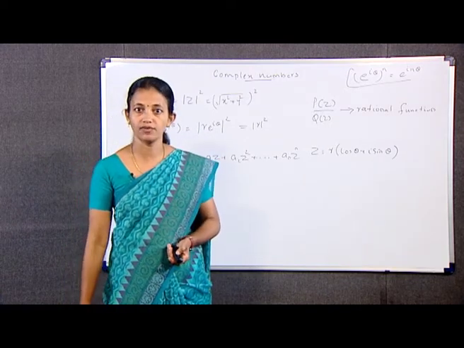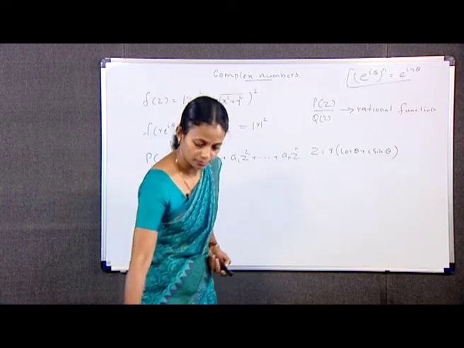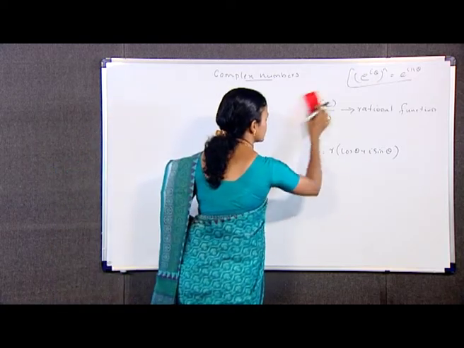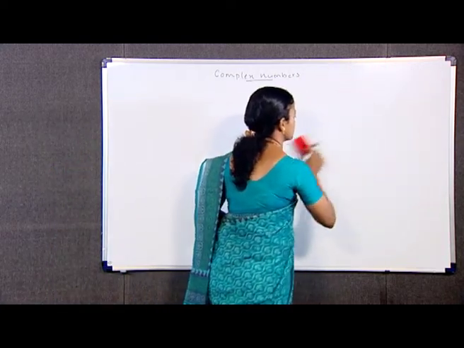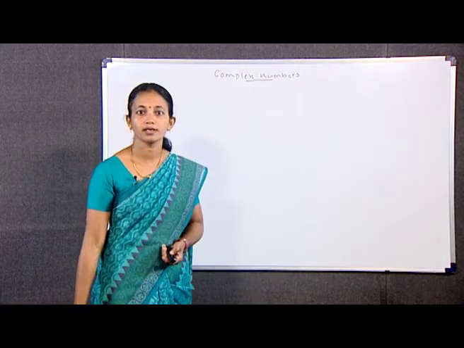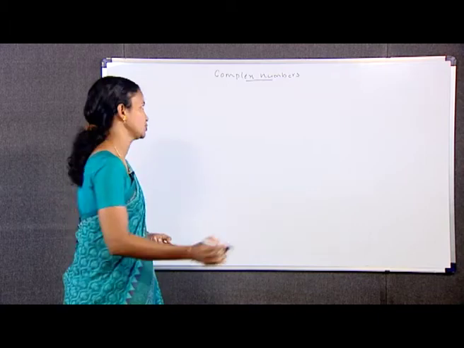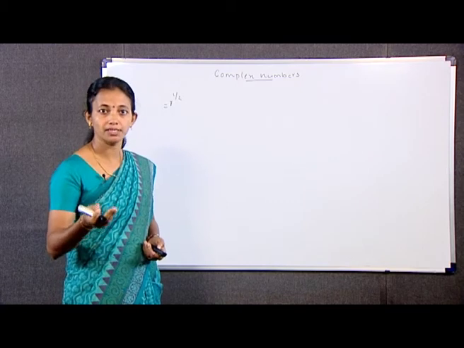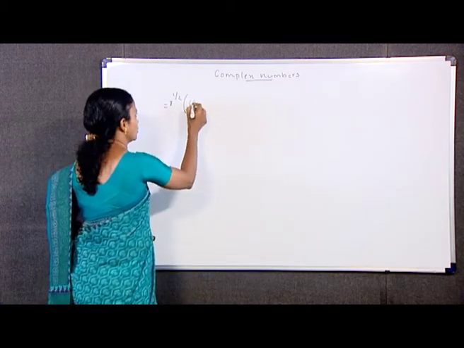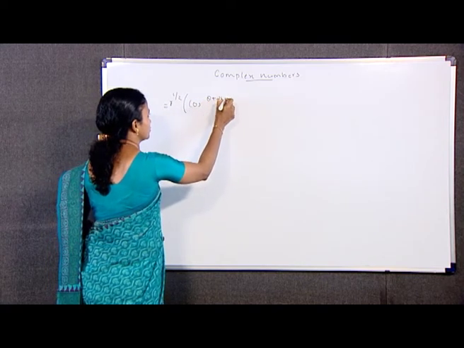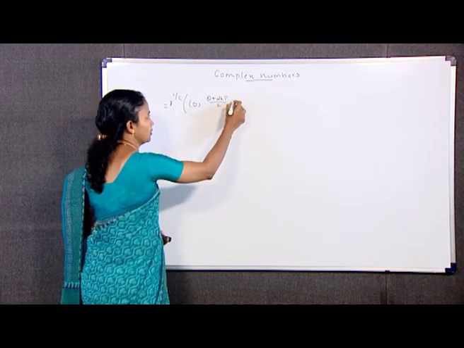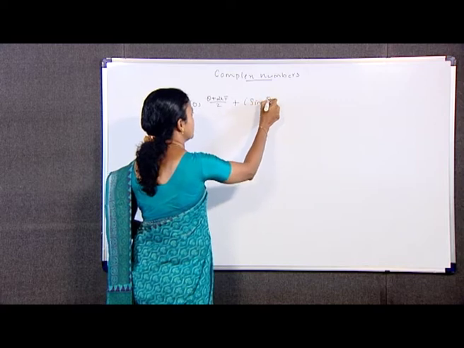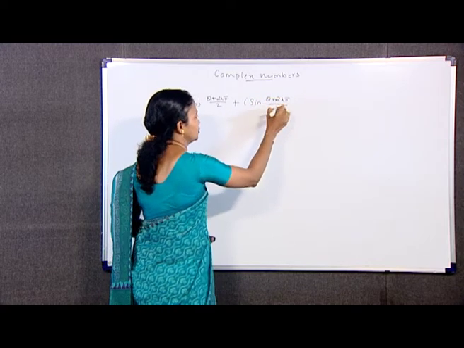The square roots are given by z^(1/2) = r^(1/2)[cos((θ + 2kπ)/2) + i sin((θ + 2kπ)/2)].